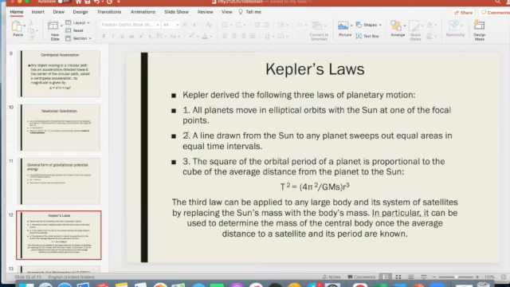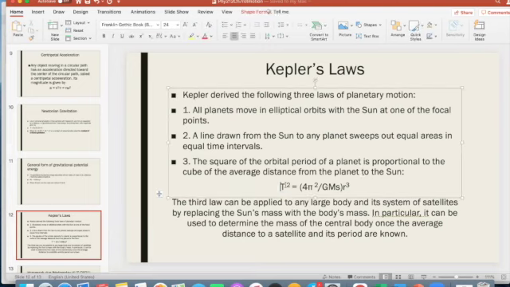Number 2, a line drawn from the sun to any planet sweeps out equal areas in equal time intervals. And 3, the square of the orbital period of a planet is proportional to the cube of the average distance from the planet to the sun.